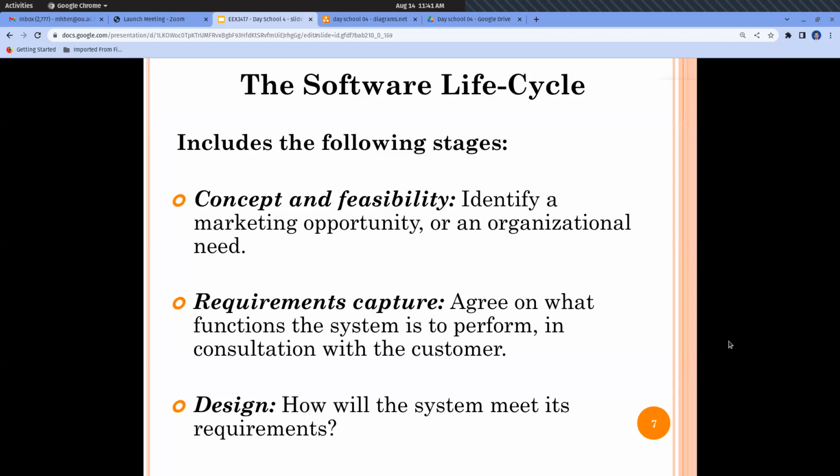So those things should be identified at the feasibility stage.